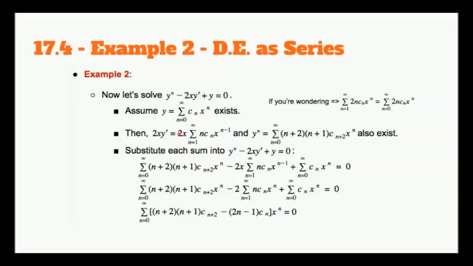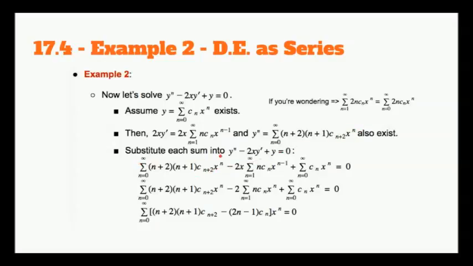Then we have 2xy prime equal to 2x times the summation of ncn times x to the power of n minus 1, and y double prime is equal to the sum of n plus 2 times n plus 1 times c n plus 2 times x to the power of n also exists.